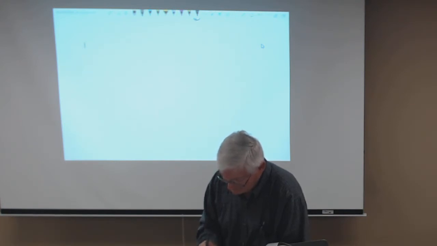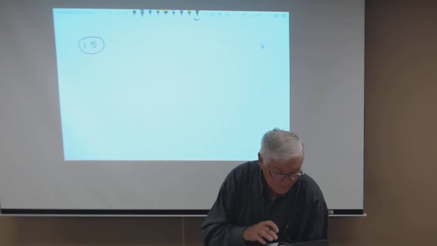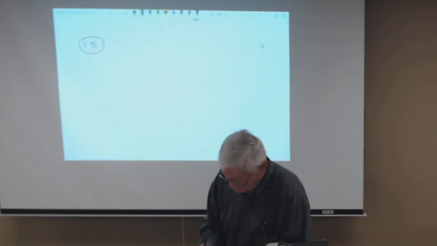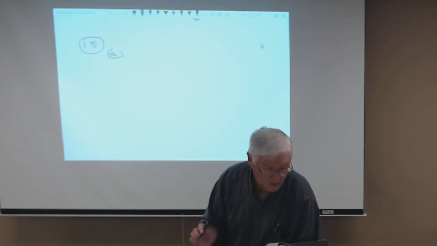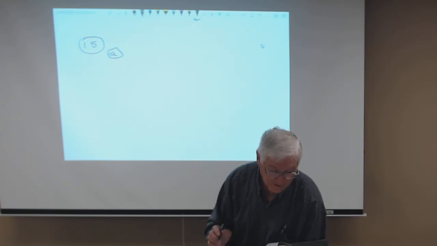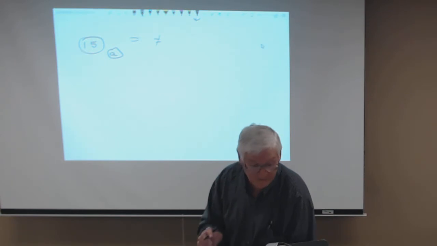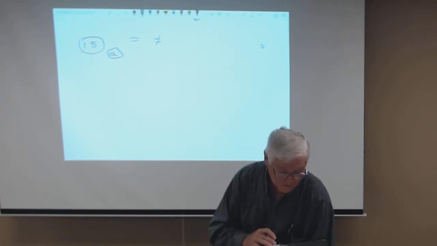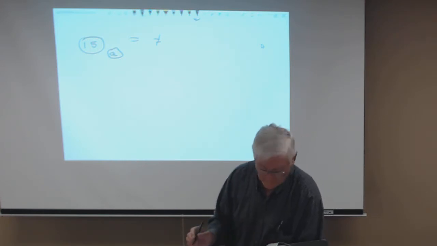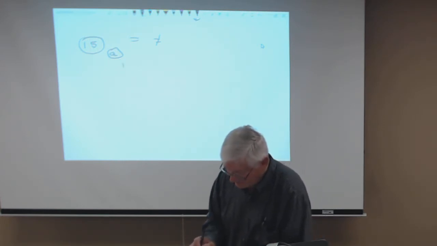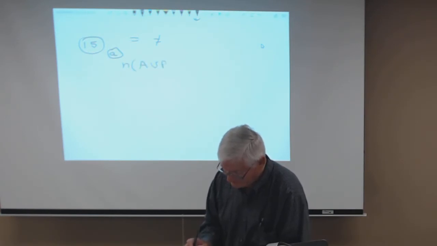Number 15. I'm going to fill in the blank for 15A with, what are my 2 choices? Equal or does not equal. Those are my 2 choices. Now, the number of elements in A union B.